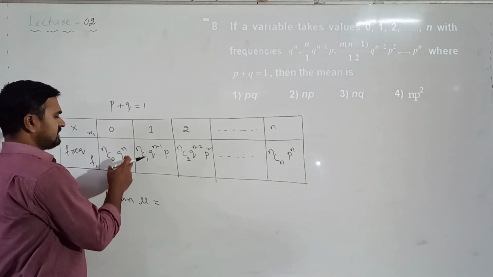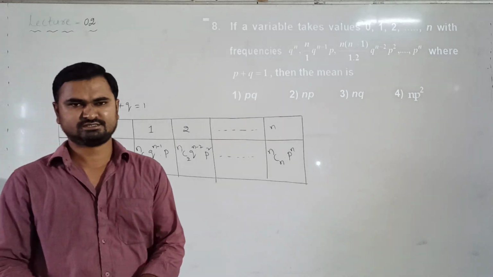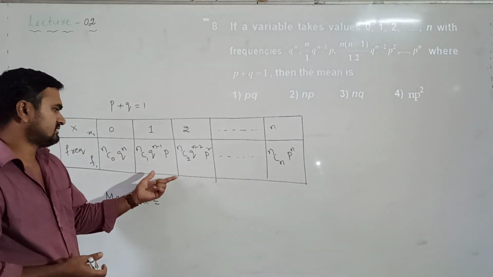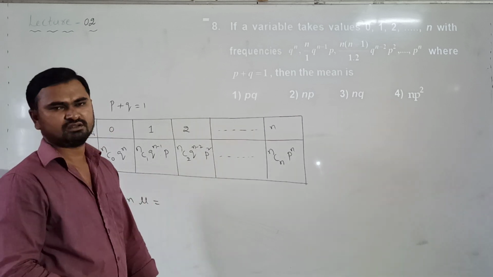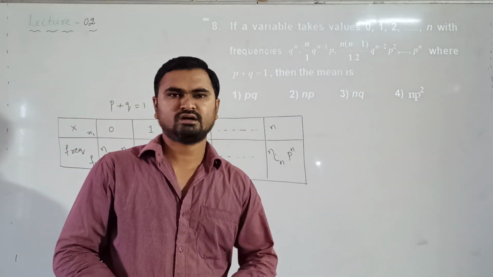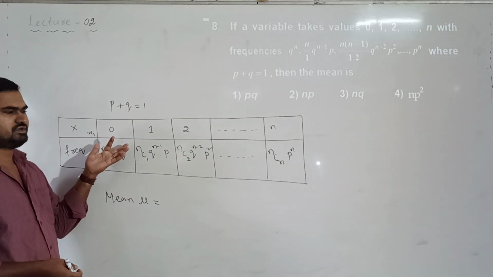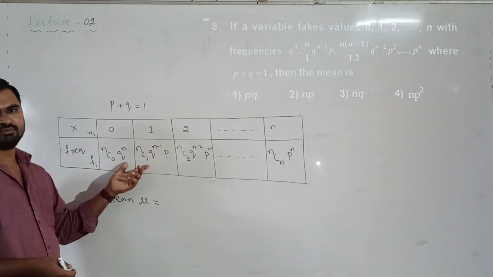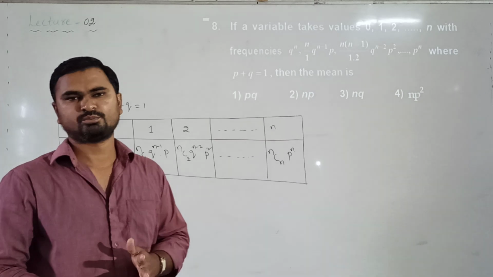But applying that formula, multiplying and simplifying will be complex. So in such a case, we use the binomial distribution from probability, in which we study the variable and its frequencies in terms of probabilities.